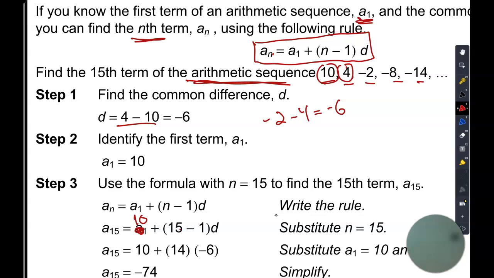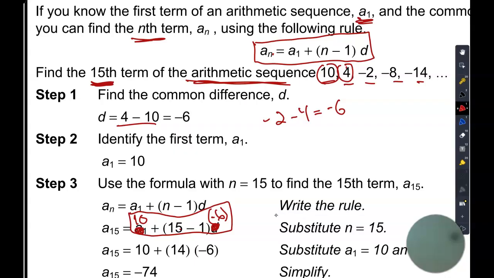Plug in 15, which is the number of term we're looking for. And then the common difference. Also, they could have plugged it in here, which is -6. So we're going to multiply this times -6. Once you get here, you could work this out, or you could just type all this in the calculator.